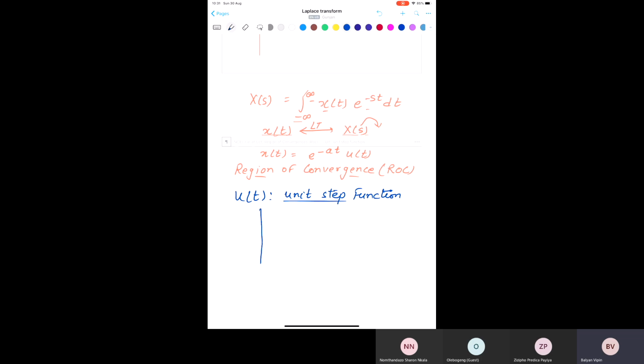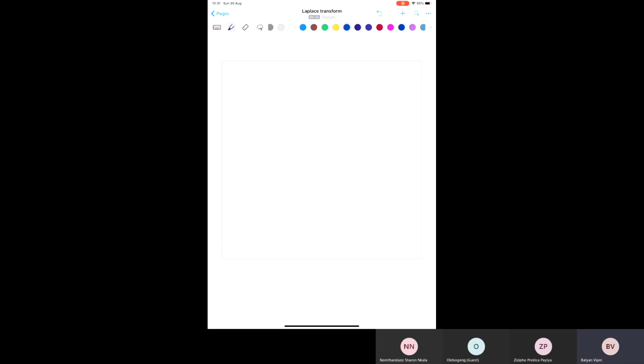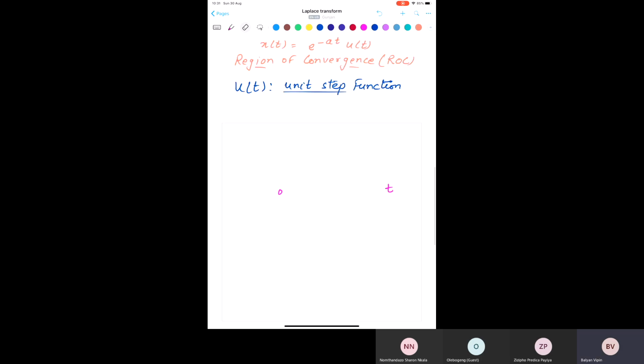So if I plot it, it will be of this form. Zero, amplitude is 1, and this is t.